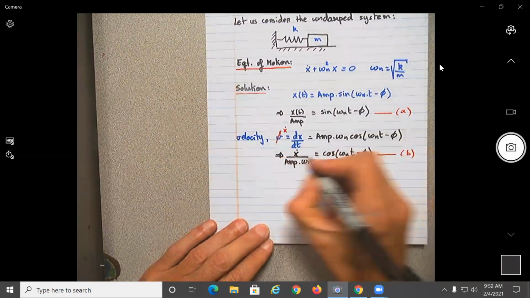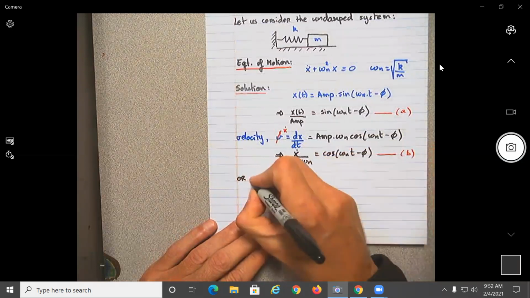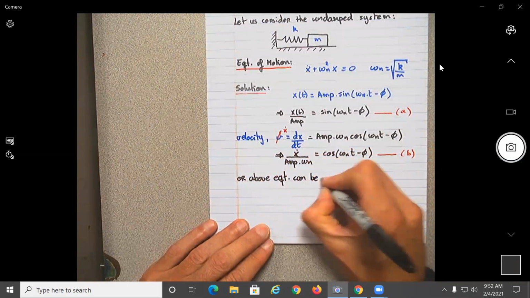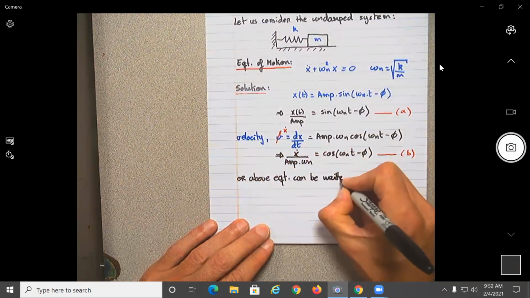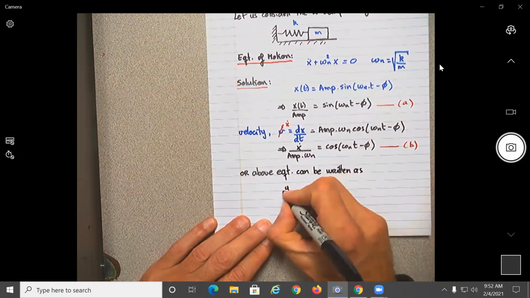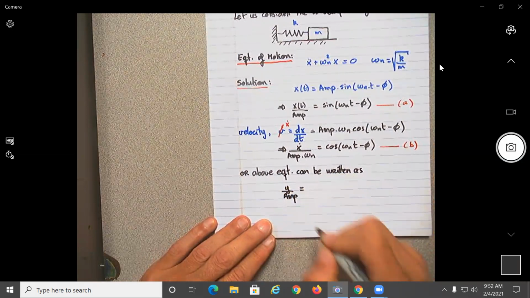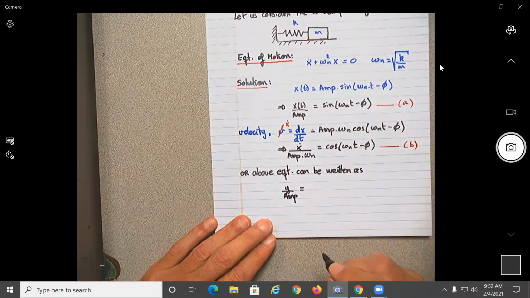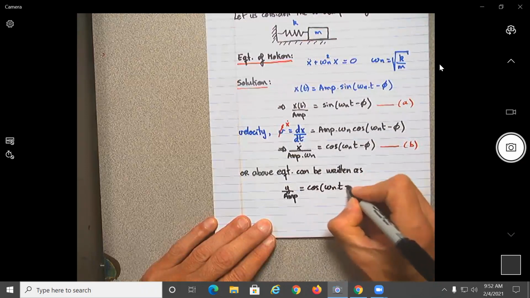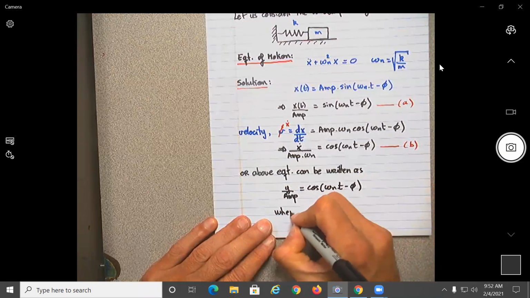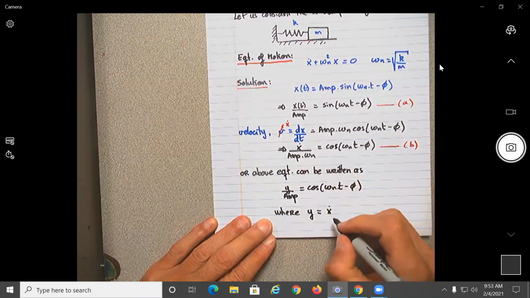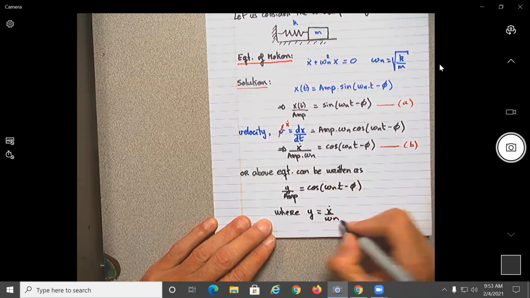Or we can say the above equation can be written as y over amplitude equal to cosine omega n t minus phi, where y would just be x dot over omega n.